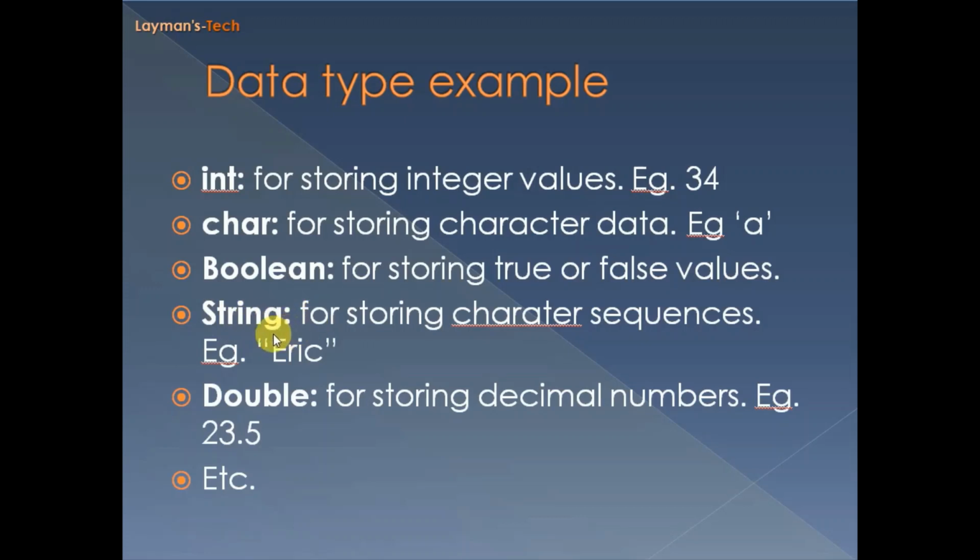With char, it's just a single character, but a string could be made up of a sequence of characters. So a name is a string because it contains two or more characters, right? But something like a school grade can be represented with just a character such as A.